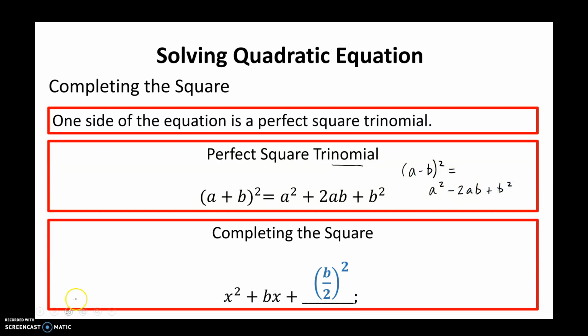So the last term is always positive because a negative number squared is always positive. Notice the only difference in those perfect square trinomials when we expand them is that second sign. And that second sign will always correspond to whatever the sign of the original is. Okay, so how do we complete the square? We take half of b, our coefficient of the x term, and then square it.